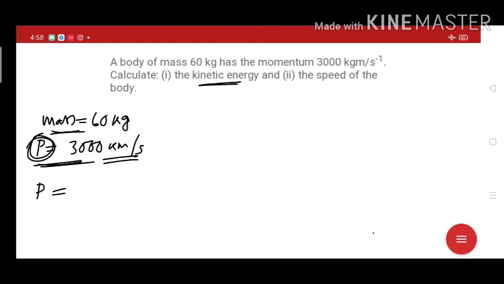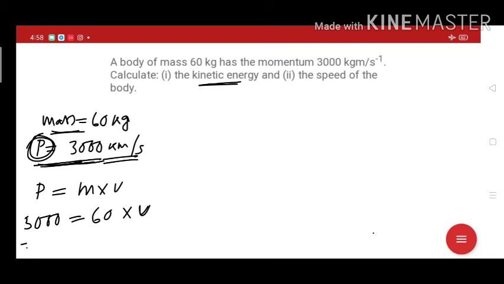What we know is that P is equal to m into v. So we are going to put the value of momentum, that is 3000 is equal to m, which is 60, and v is unknown.